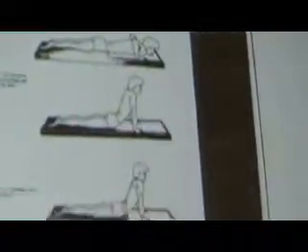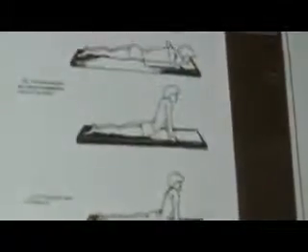Here are the McKenzie exercises. I've been in practice a lot of years, and I really don't see great benefit in this other than clinical testing. But when you take these positions and you combine them with simultaneous dynamic movement and traction, decompression, you have a winning combination. And that's what these devices do.